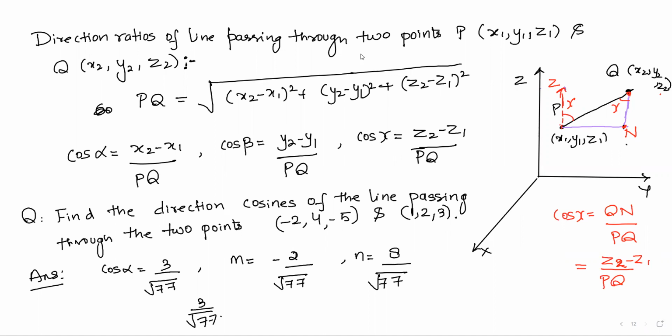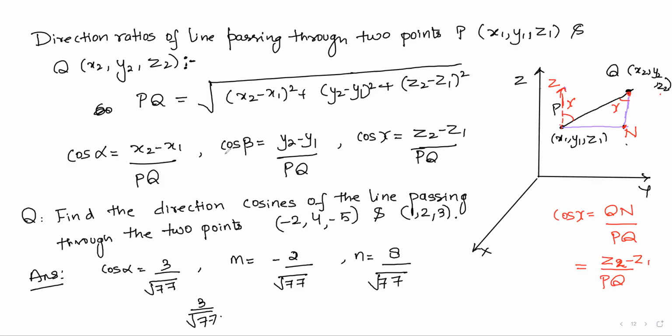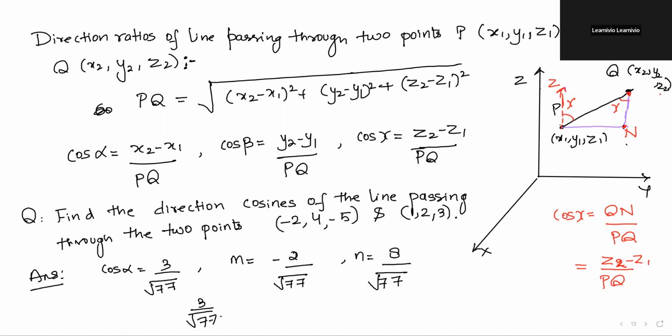There are some more points. In 3D, we have two parts. First is direction ratio and direction cosine. Second is equation of line. So today we have completed direction cosine and direction ratios. Please complete the homework. Homework is assignment 1.